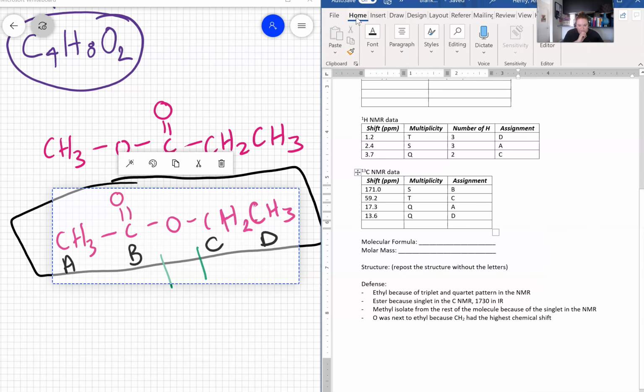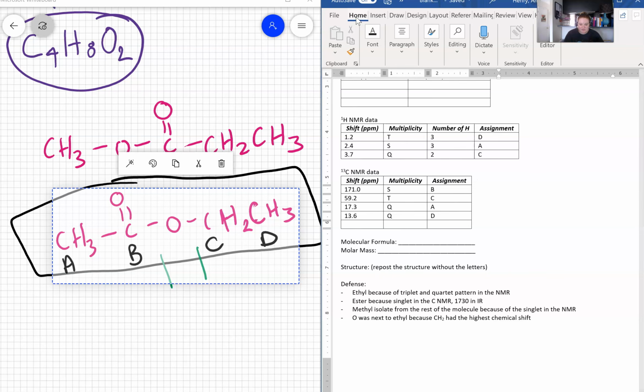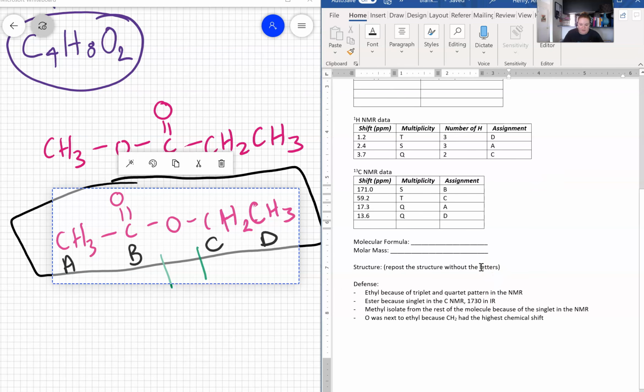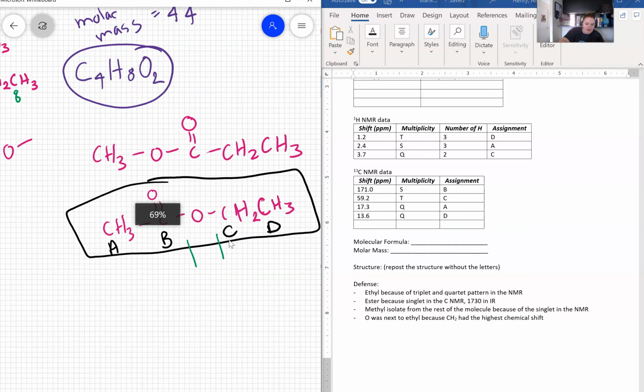But you would either copy and paste your structure over with labels, and usually people put that next to the tables, and then you're going to copy and paste it again down here without any labels, just to make it nice and clear. Okay, so let's switch gears and look at the other unknown.